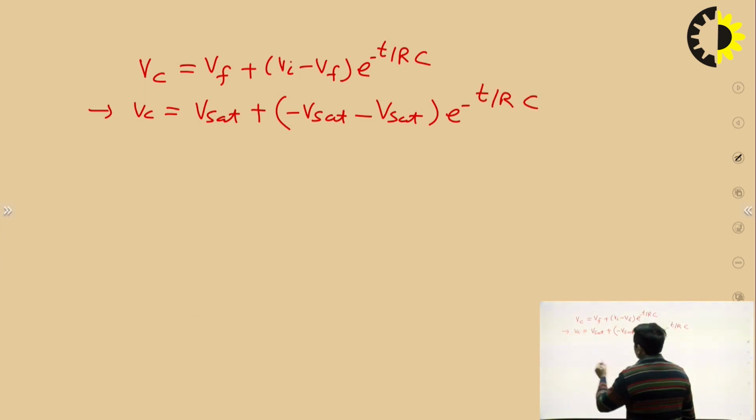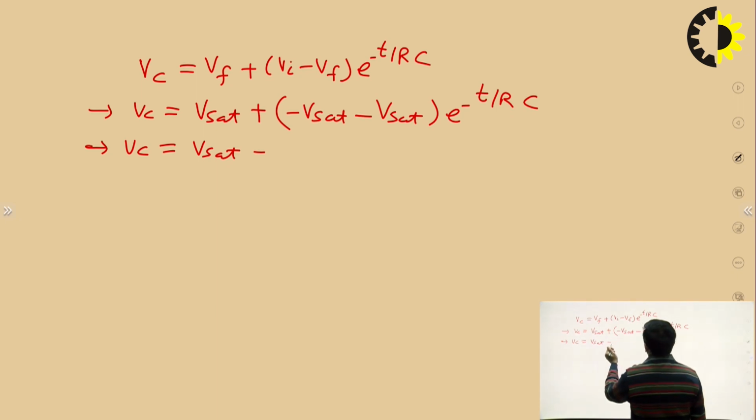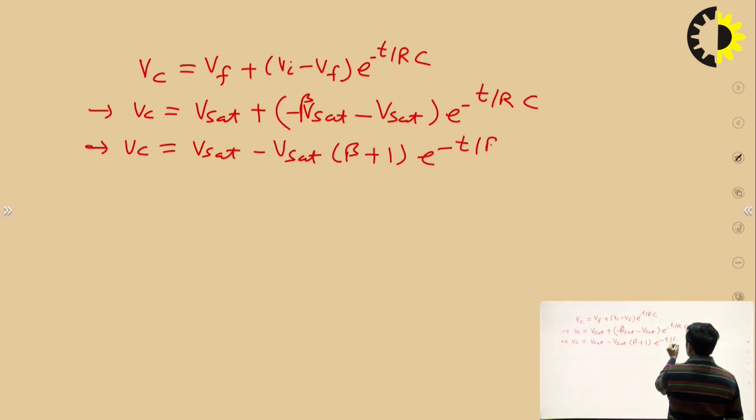So Vi is minus beta V set, Vf is V set. From here, what will be Vc? Vi is actually minus beta V set, right? So just take V set common: Vc is equal to V set minus V set into beta plus 1 into e to the power minus t by RC.